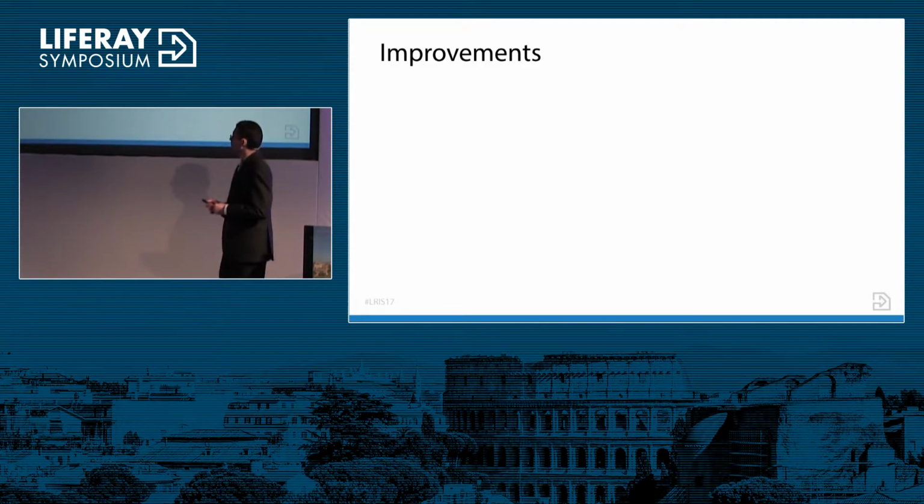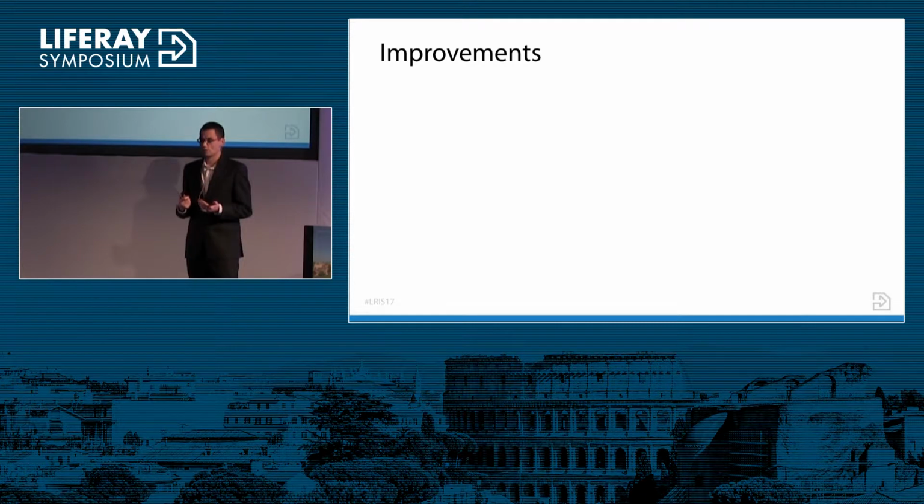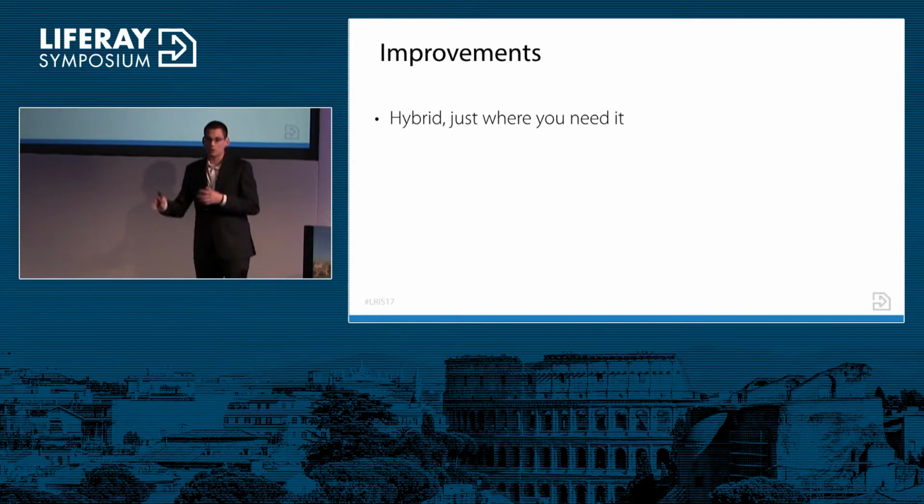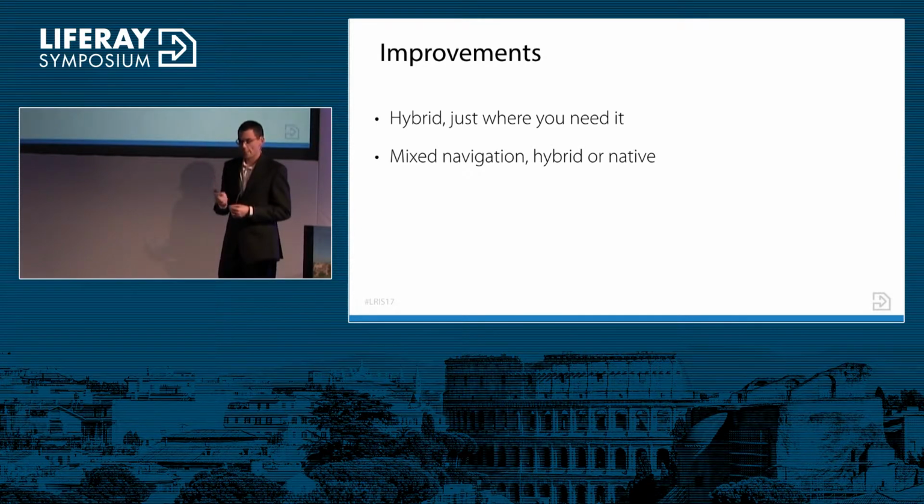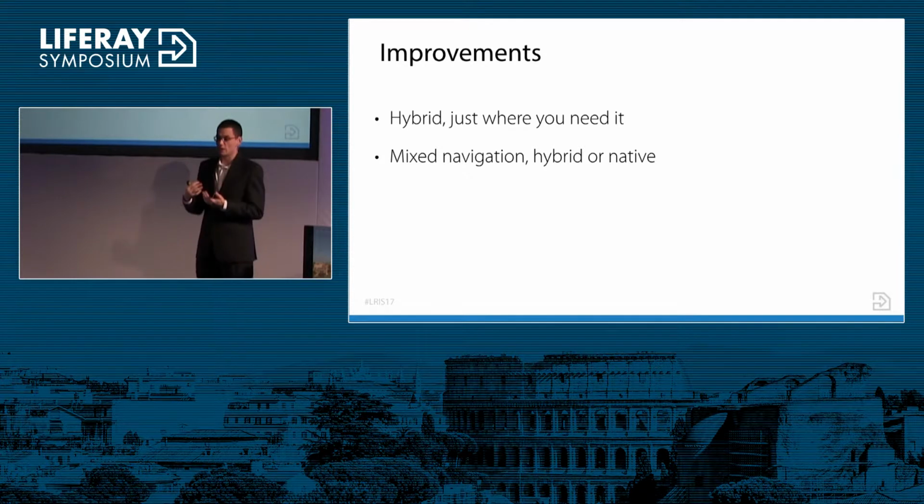This offers us several improvements. The first one is that you can get hybrid content just where you need it. If you want to create a very fast application, you can throw web content in your application and render everything with it. But you can then transform your application and start using native code whenever and wherever you want. Another one is mixed navigation. Again, you have the freedom to choose.